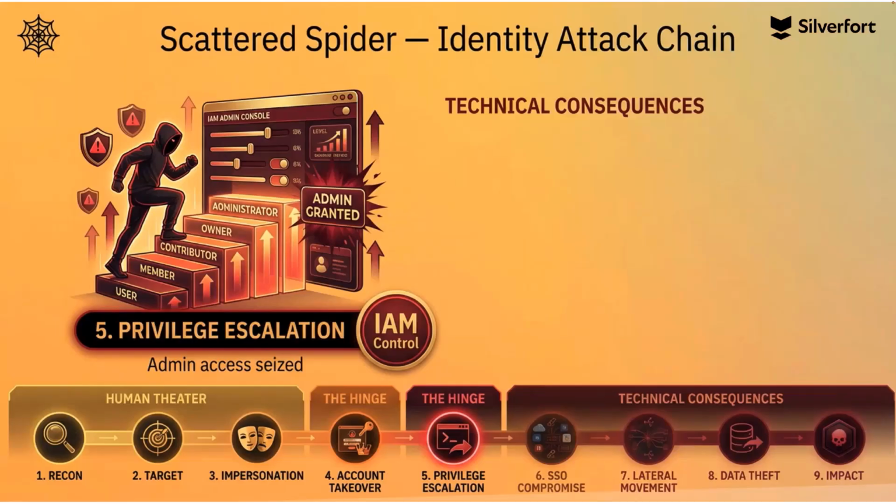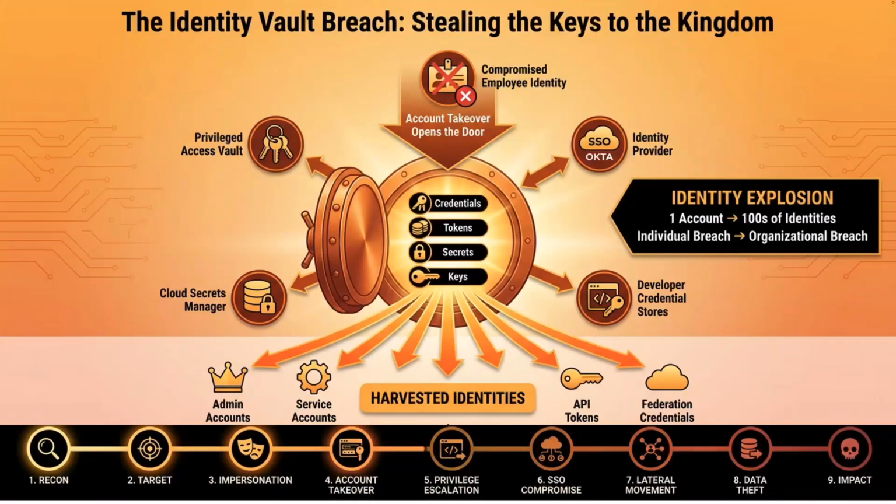In this case, what the Scattered Spider group likes to do most is to find access to the vault or to the password wallets of organizations. They'll try to get access to the password vaults, the CyberArk vaults, the Delinea vaults, or others.